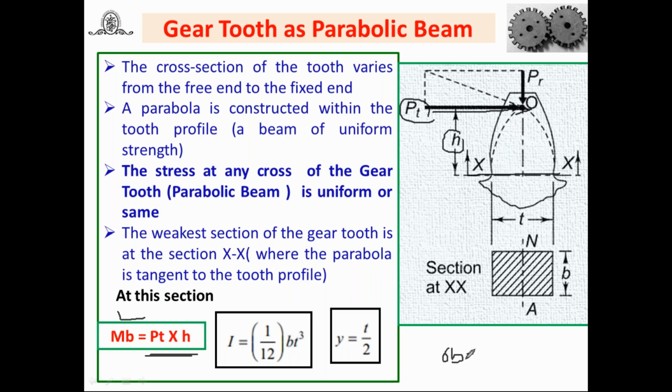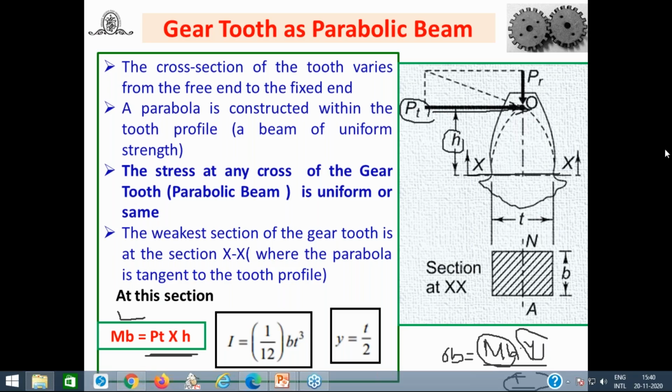Sigma B is equal to MB into y upon I. To find out bending stress, first of all we have to find out MB, but here MB is equal to PT into h. The y is also required and I is also required. So first of all, let us find out y and I.